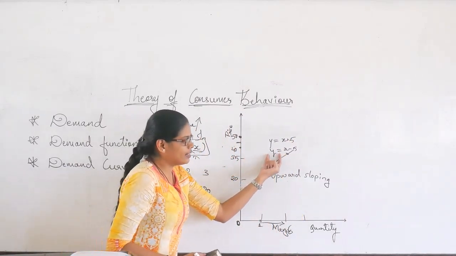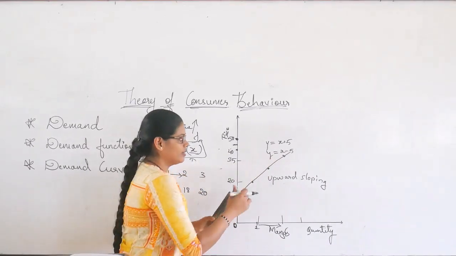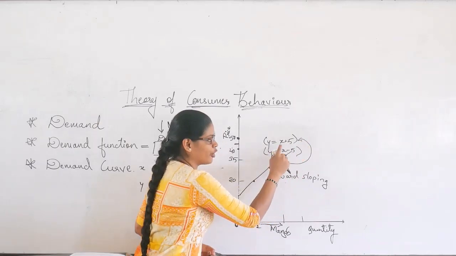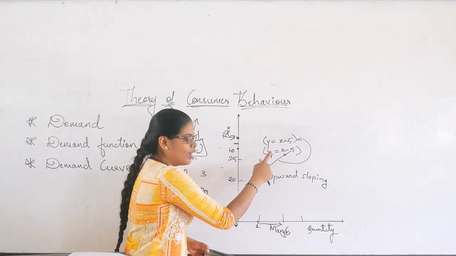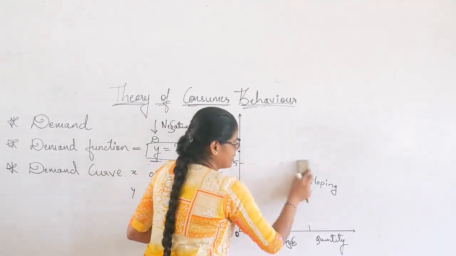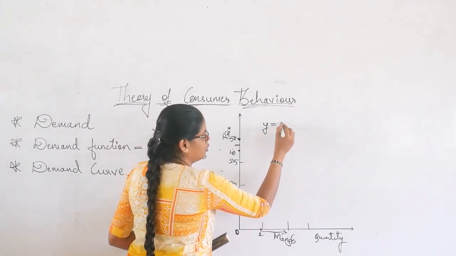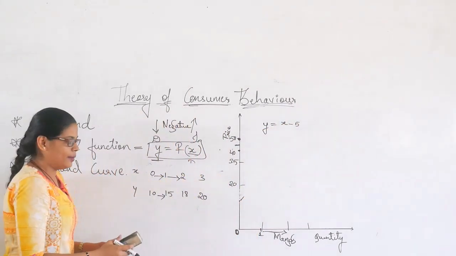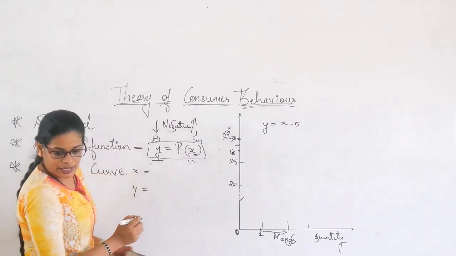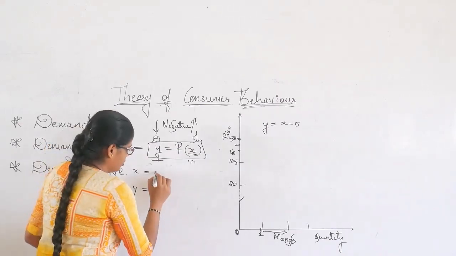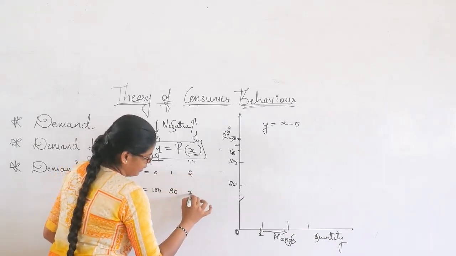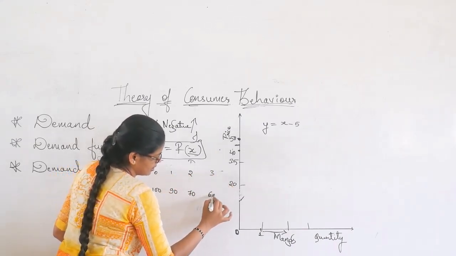So when we consider this demand function, this is also a demand function, and this is also a demand function. This upward sloping is derived from this demand function. Now, when we are discussing this demand function, which is y is equal to x minus 5, the values of y for x equal to 0 will be 100, for 1 it will be 90, for 2 it will be 70, and for 3 it will be 60.